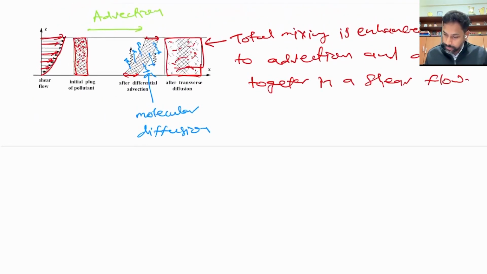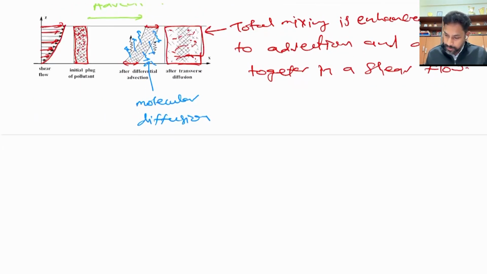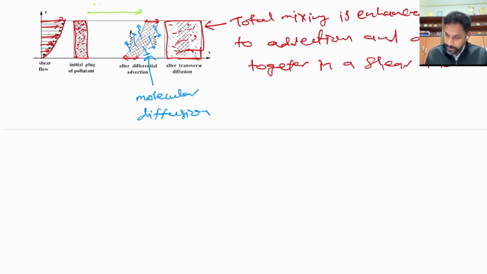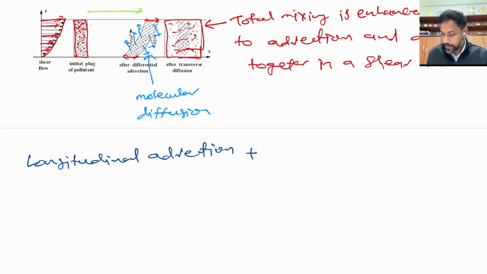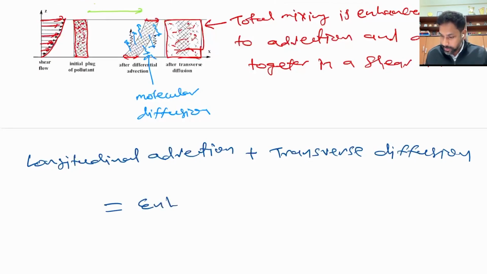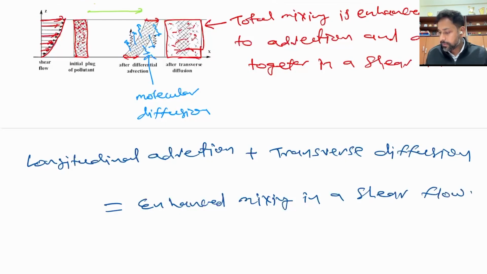Okay, so going back to this one, this enhanced mixing is basically longitudinal advection plus transverse diffusion is equal to enhanced mixing in a shear flow.